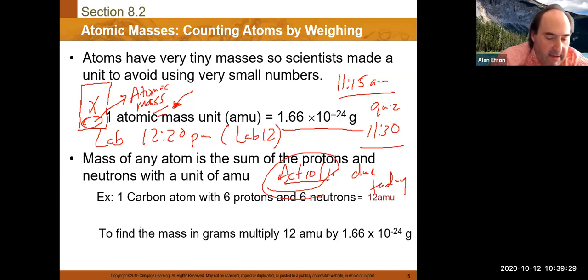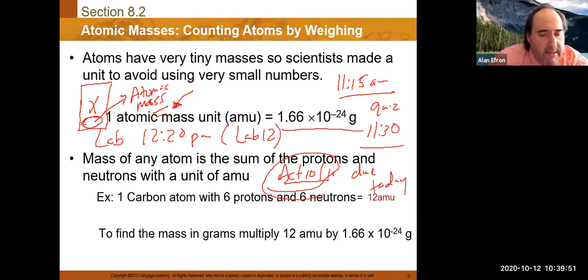You can find the atomic mass of every element there on the periodic table. As you can see, they're not super small numbers. They are using this conversion into atomic mass units, which gives more usable numbers rather than the really small numbers we would get if we added up all the protons and neutrons because of their small mass.